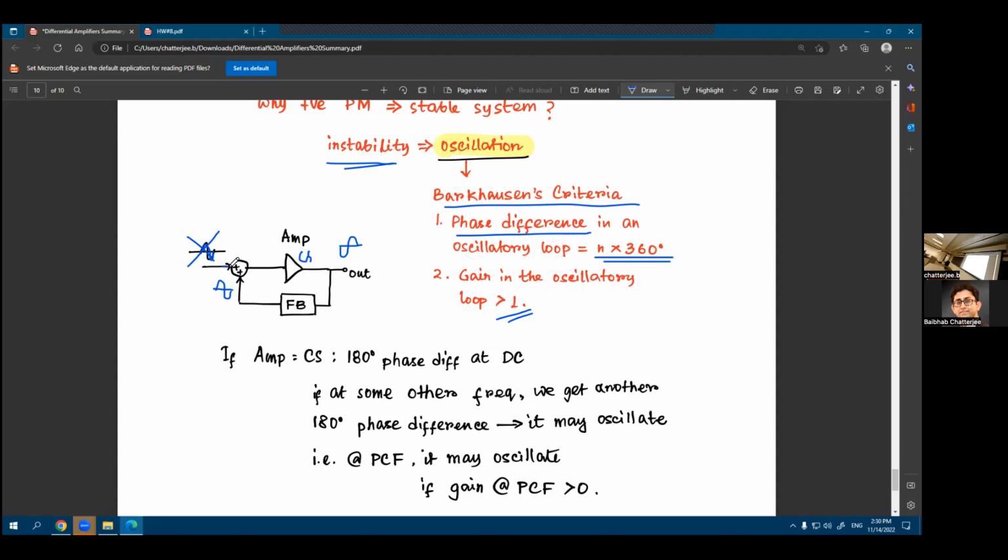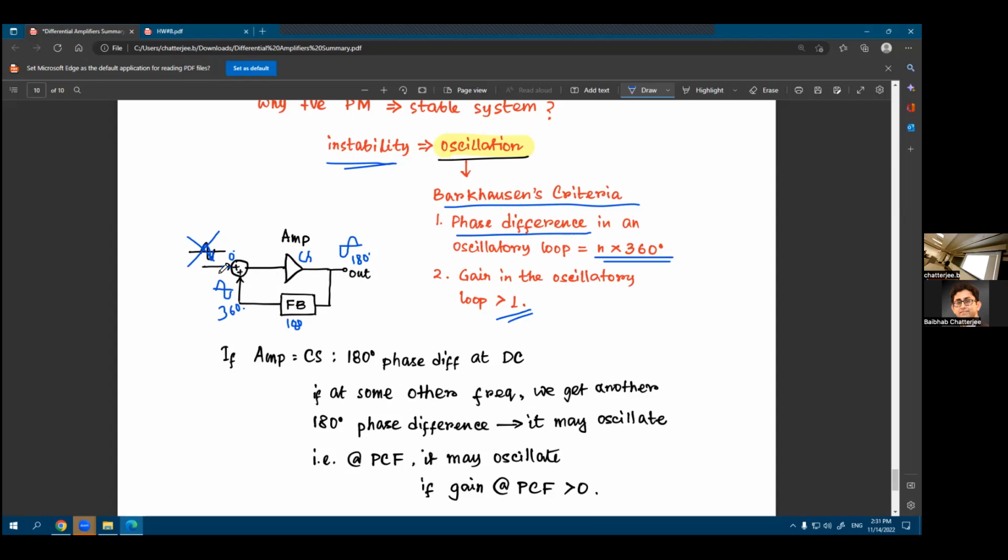Whatever was present at this point, if this had 0-degree phase, this point, let's say, had 180-degree phase, and somehow you create a feedback network that adds another 180-degree phase. So at this point, you have 360-degree, which is equal to 0-degree. 360 is equal to 0, right, in polar coordinates. So at the input, you have the same signal back.